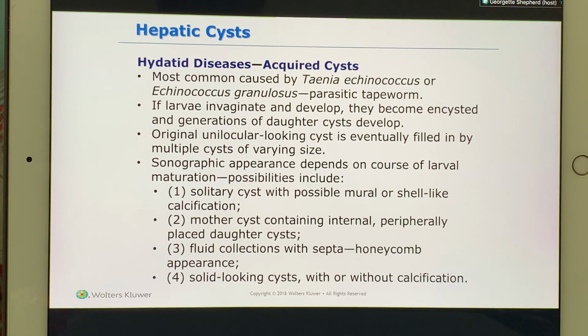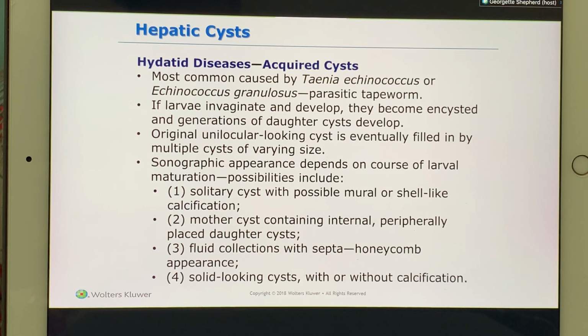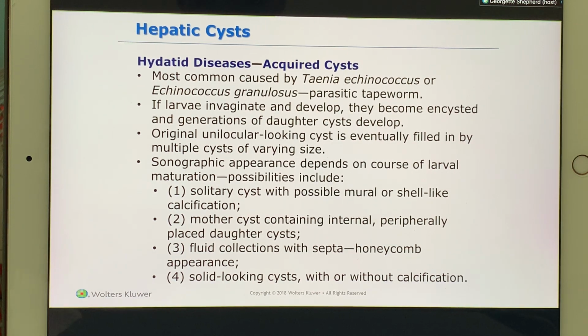That will tell us where we are, whether it's just a solitary cyst with a shell-like calcification, whether you have peripheral daughter cysts, whether it's honeycomb in appearance, or whether it has calcification or not. Because if it has calcifications, it's going to be older.